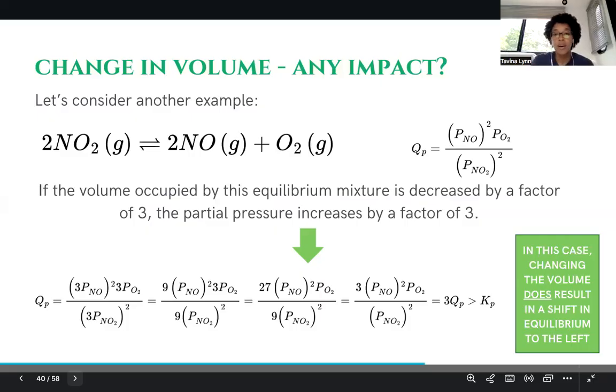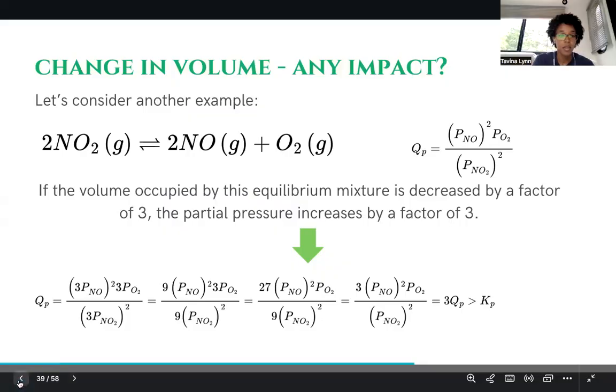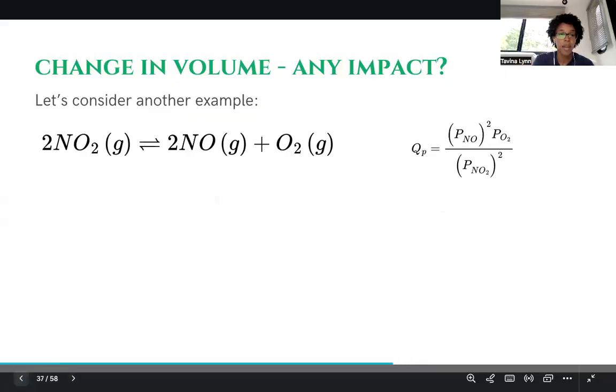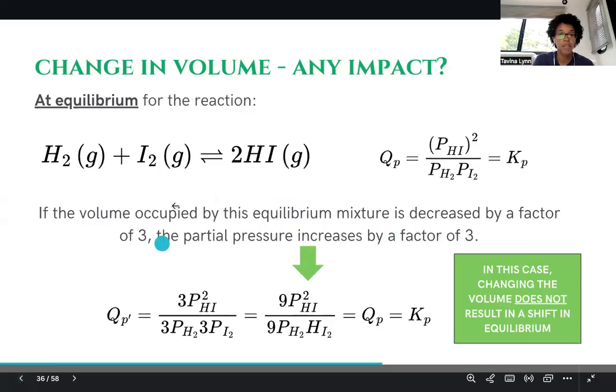Now, before we summarize why we see that for this reaction and not the other one, let's look at the total molar amount. So let me go back to that first reaction.